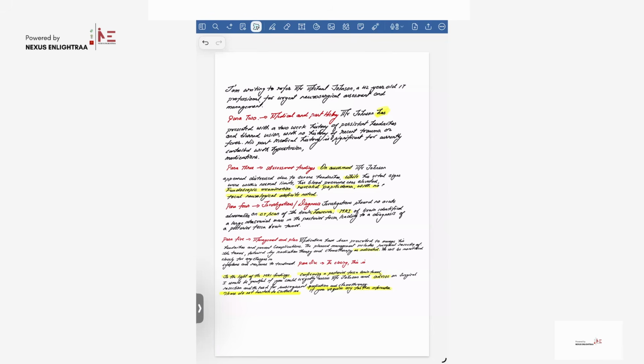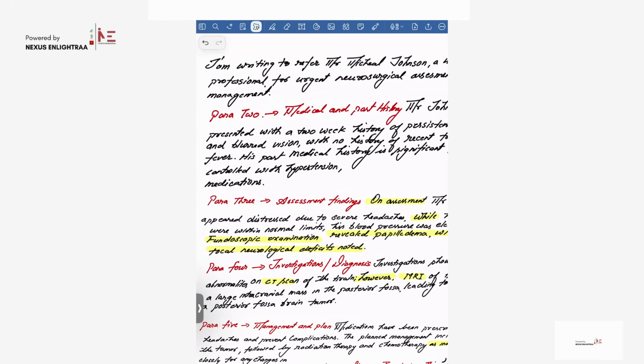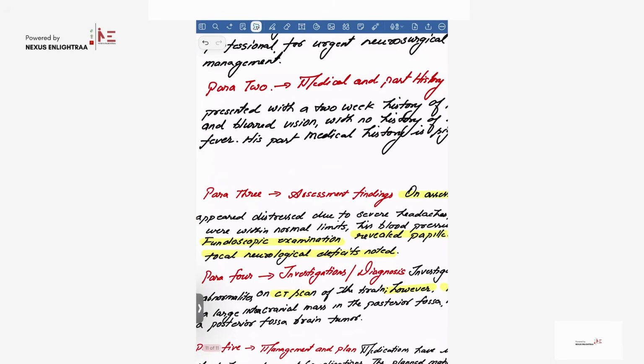His past medical history is significant for... Okay. When I was trying to drag this thing, it altered the layout.